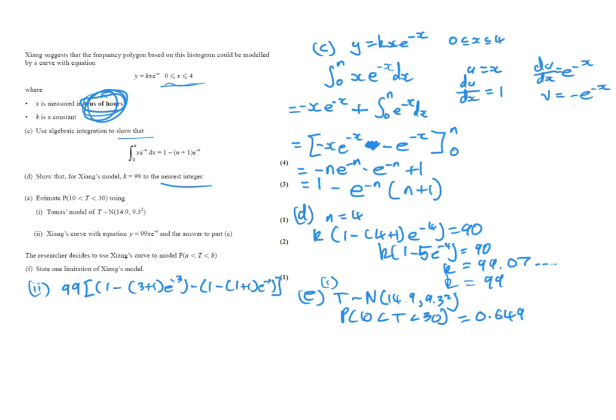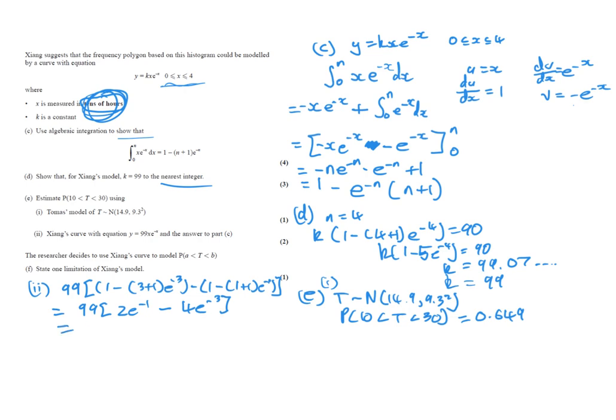And therefore we get the 1's cancel, so the 1 take away 1, and therefore we've got 99 lots of 2e to the minus 1 minus 4e to the minus 3.